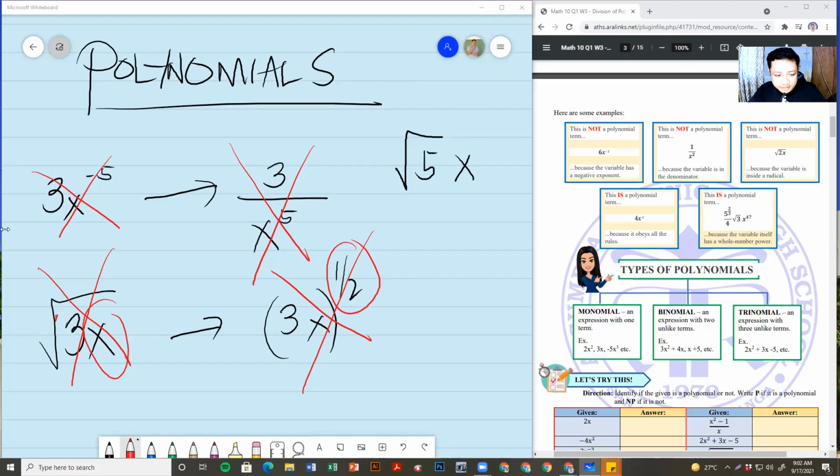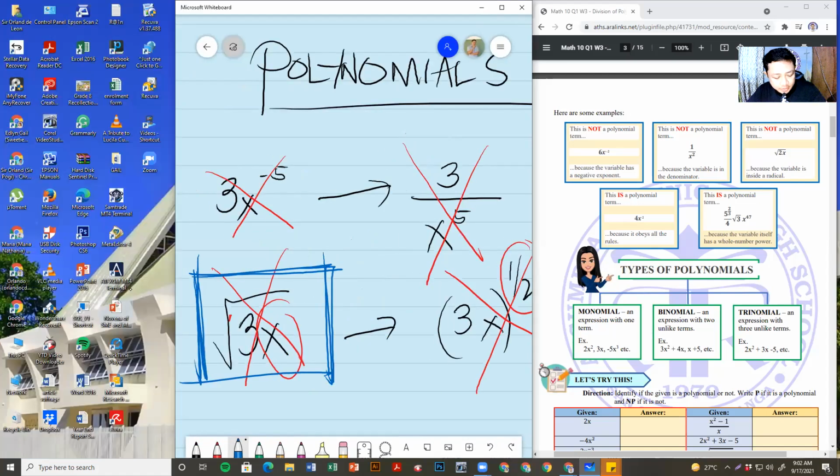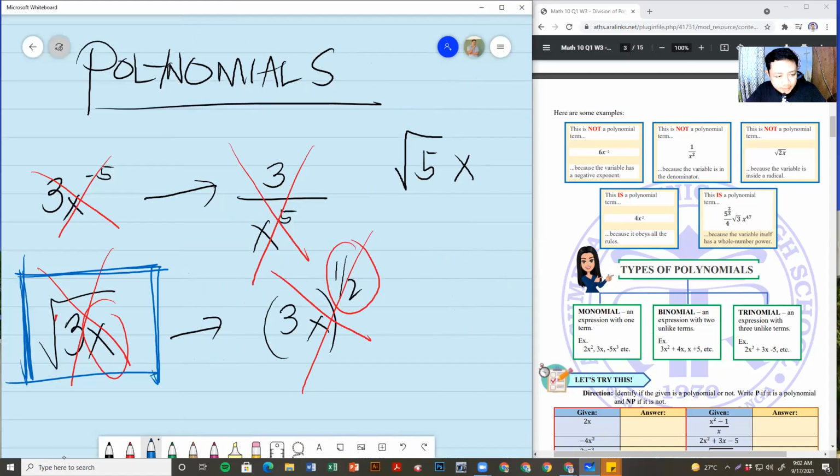So the real answer here is, look at this example below. It is not a polynomial if the variable is inside the radical itself. It becomes not a polynomial, especially if it cannot be extracted. But look at this example.